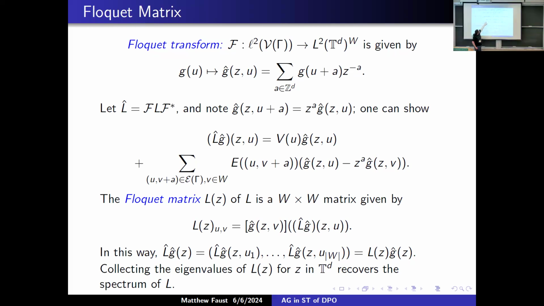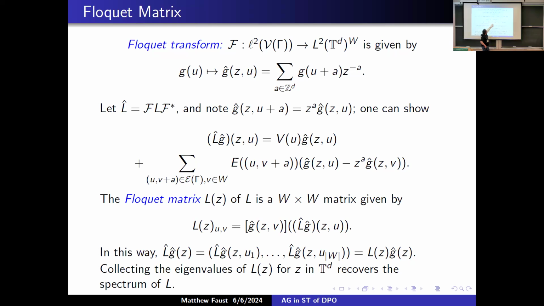So you might notice this is very similar to before. L hat acts on G hat at Z comma U with the multiplication piece, and once again we have this graph Gaussian piece. The difference is now we can express every vertex as some element in our fundamental domain translated by vector A. Because we have this here, we can pull that out.